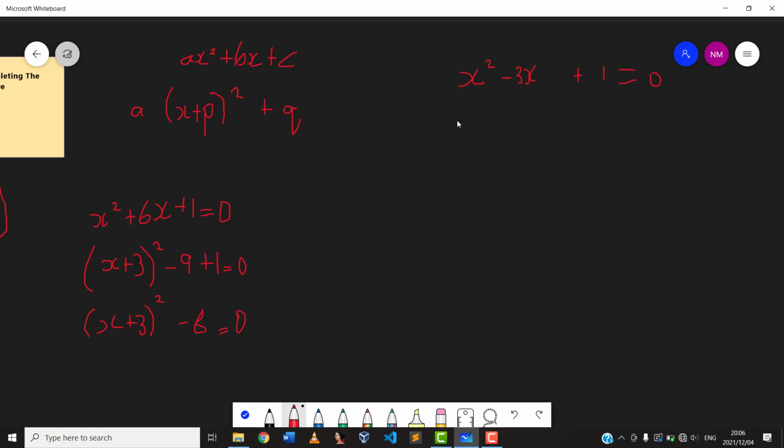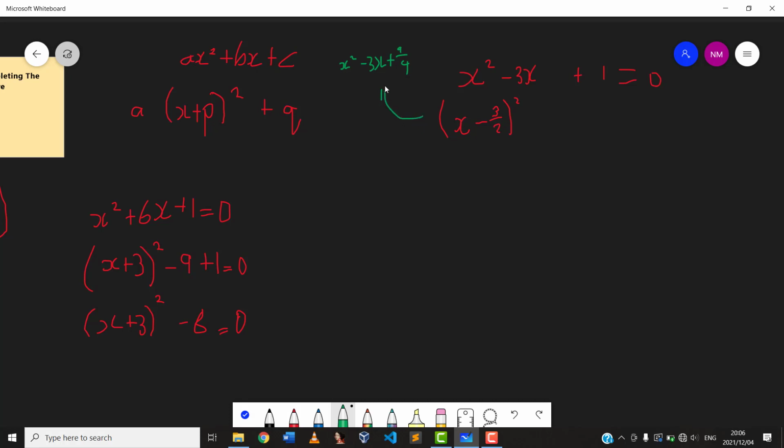So we'd also do that here. So we'd say x minus, and then half of minus 3 is minus 3 over 2. So x minus 3 over 2 squared. This would expand to give us x squared minus 3x plus 9 over 4.